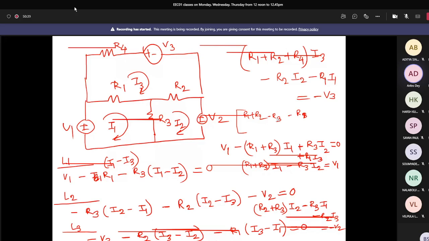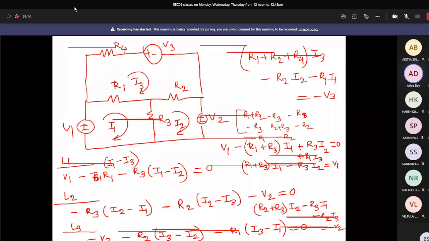For the second loop, R2 and R3 are there, so we write R2 plus R3. I1 is in common, having minus R3, so we put minus R3 there, and R2 is common between I2 and I3, so minus R2 there. In the third step, in the same way, minus R1 for I1, minus R2 for I2, and then R1 plus R2 plus R4 for I3.